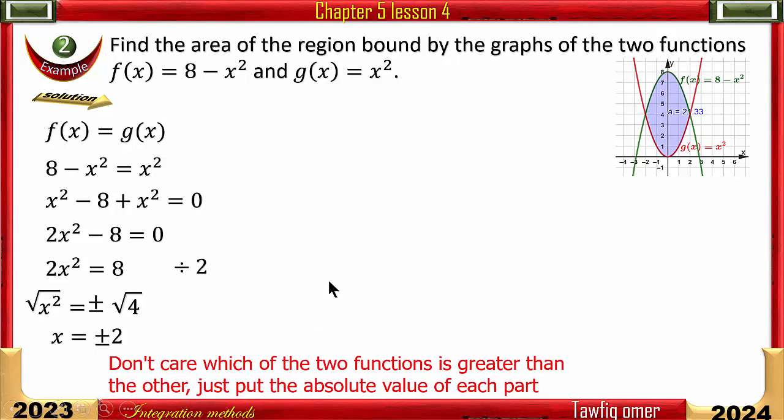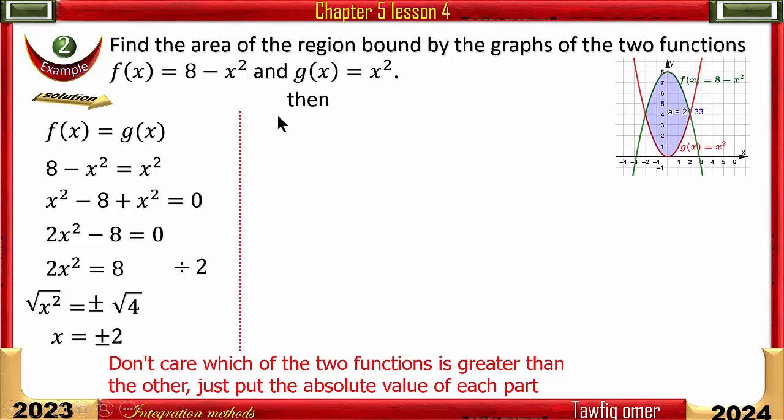We do not care which one is bigger, though as we can see f of x is bigger than g of x because f of x is over g of x. So we can say f of x minus g of x. But don't think about that, only put the absolute value.